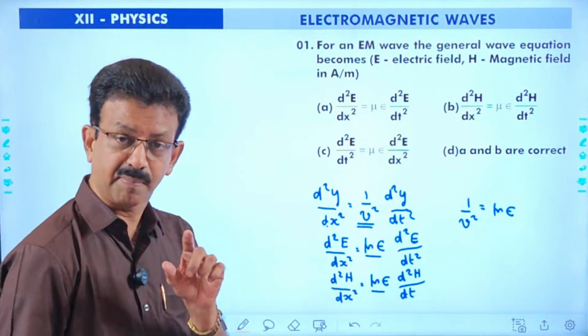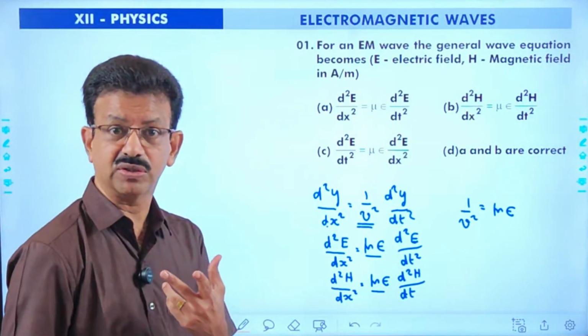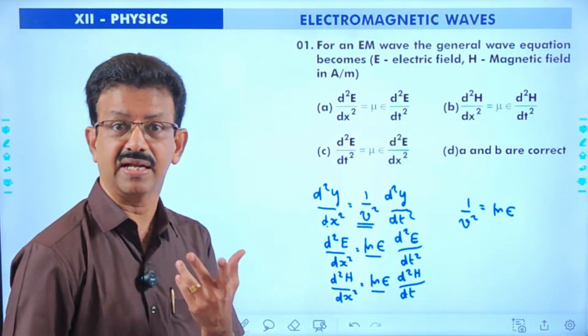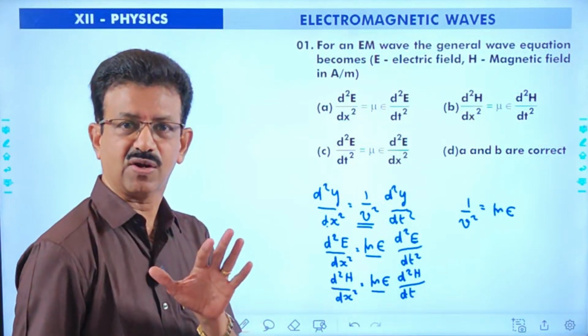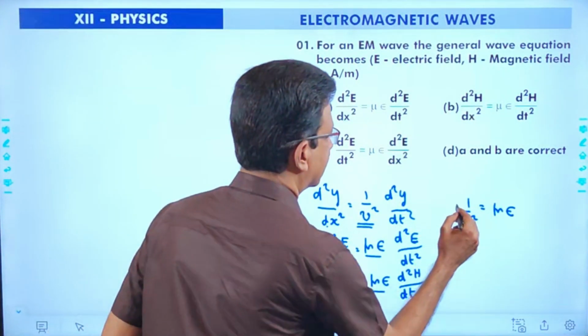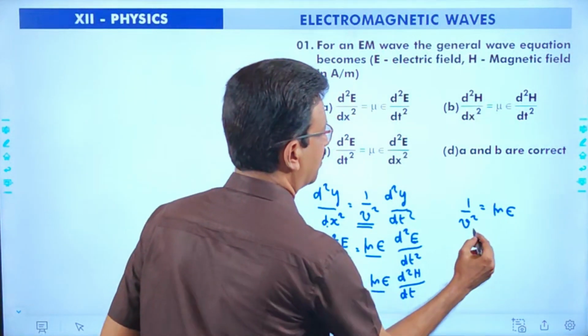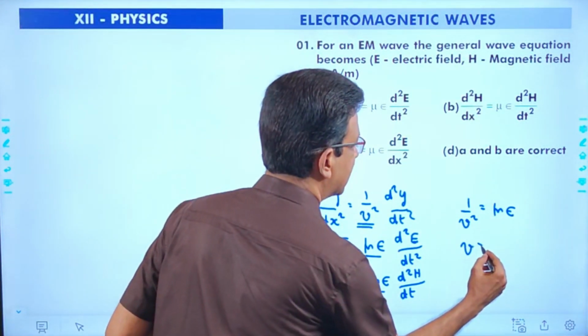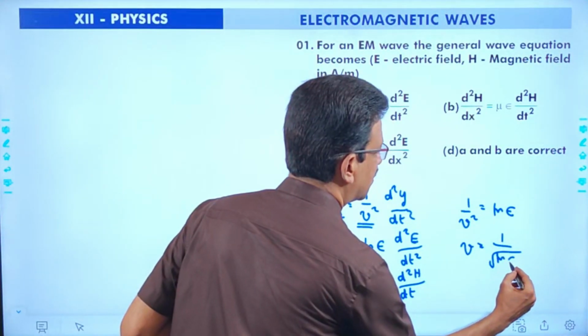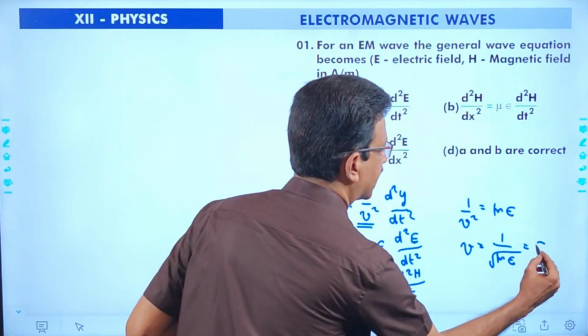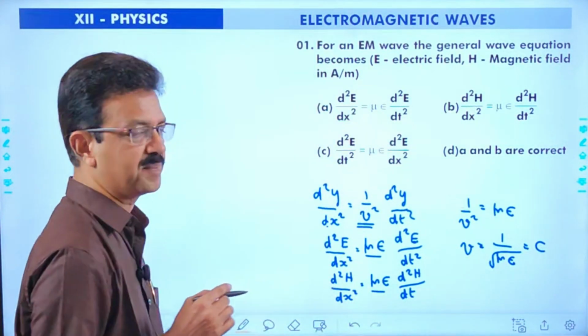And for the medium air, light has a velocity 3 into 10 raised to 8 meter per second in air or vacuum. It's one of the major statements of the electromagnetic theory. Now, 1 by v square equal to mu epsilon, therefore v equal to 1 by root of mu epsilon, which can be represented as c generally.